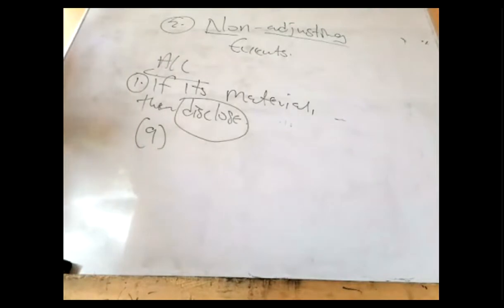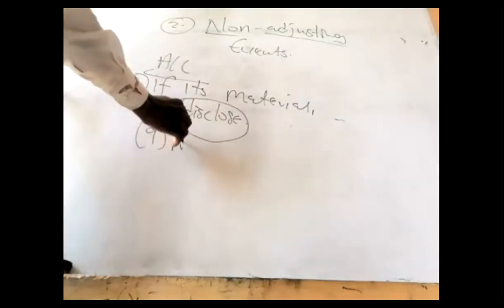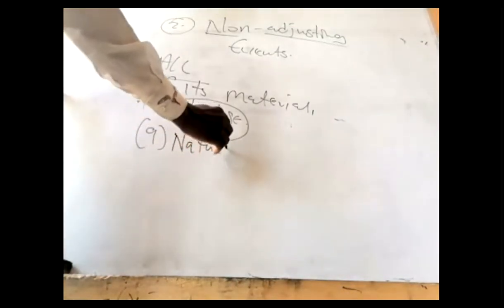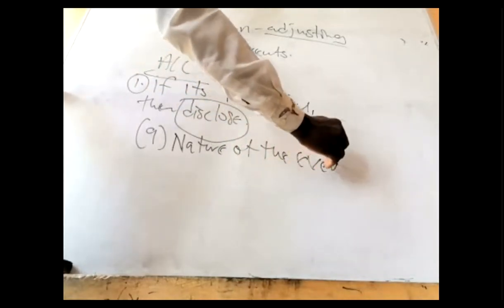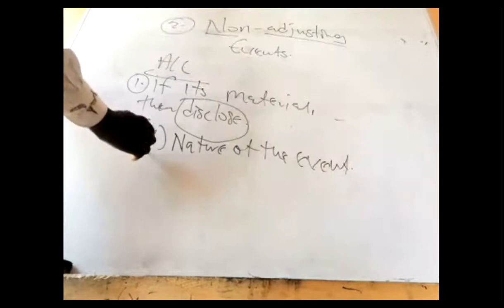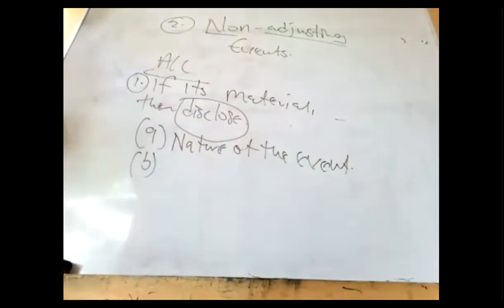Disclose the nature of the event. So tell us the nature of what? The event. Number 2, tell us the financial impact or the effect on the financial statement. So the financial effect on the financial statement.